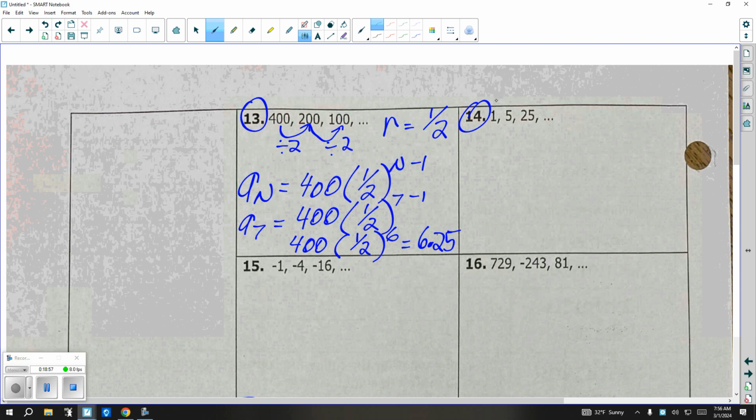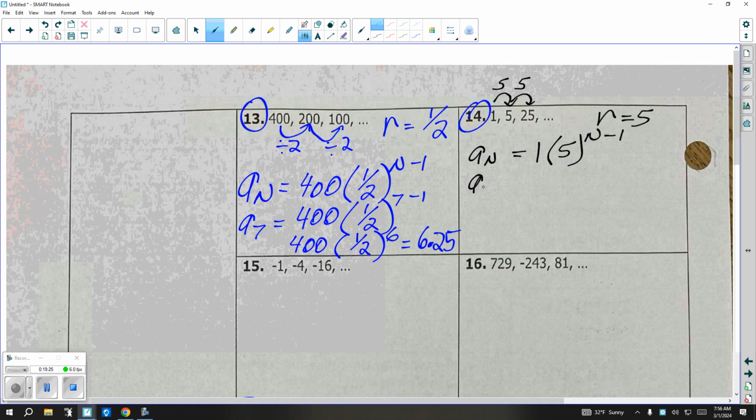Here we go. Multiply by 5, multiply by 5. That means that r is 5. To find the nth term, any term, you take the first term, which is 1, and then in parentheses, you put the r, and then n minus 1. So to find the 7th term, you take the first term times r, which is 5, to the 7 minus 1.